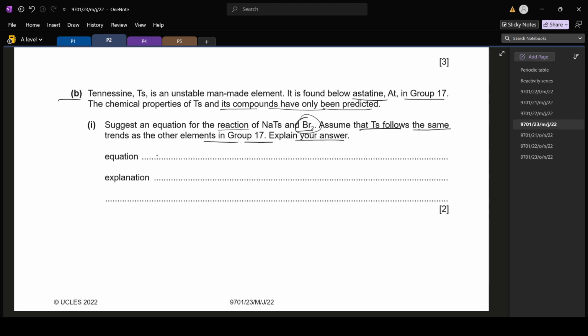So if this follows the same trends as the other members, reactivity decreases down group 17. So bromine will displace tennessine. It will form sodium bromide plus tennessine.